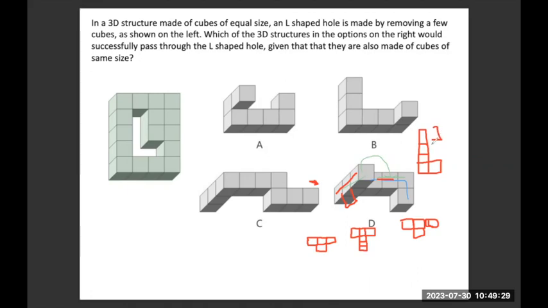Oh no, sorry. 1, 2 and 3. It's 1, 2. Yeah, it's equal. 1, 2, 3. It's equal. I had drawn correctly. I had not missed one. So my question is, is there any possibility option D can go through?